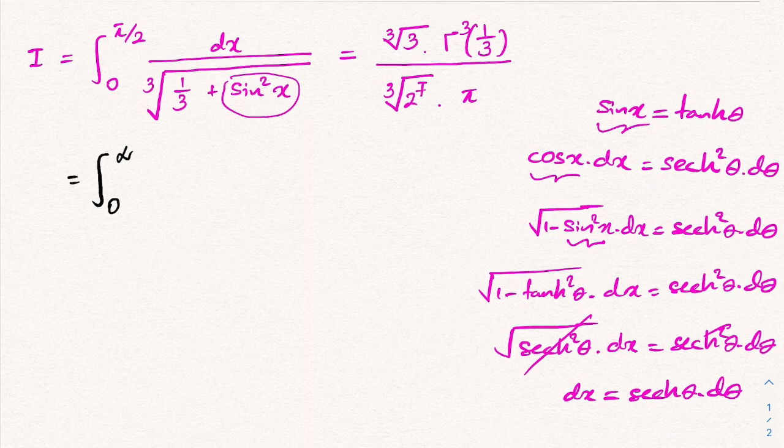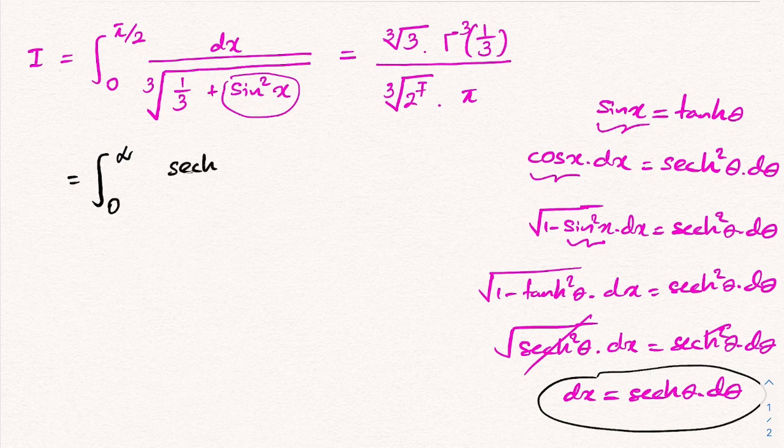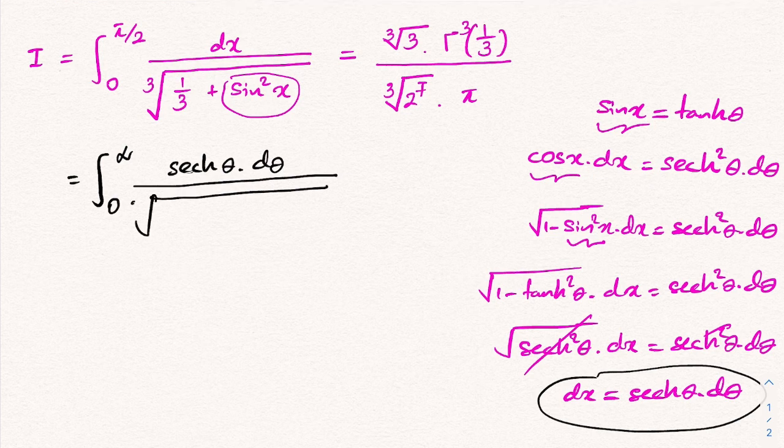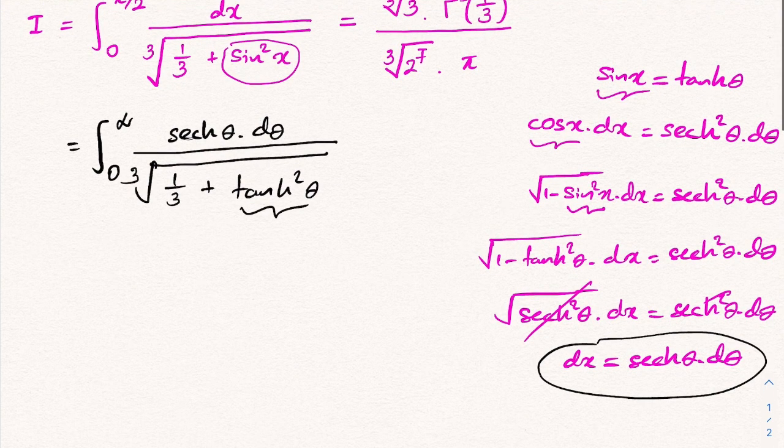Then dx becomes hyperbolic secant of theta d theta, and over here we have the cube root of 1/3 plus sine squared of x, which is hyperbolic tan squared of theta. Here we can convert hyperbolic tan squared of theta into a hyperbolic secant function.